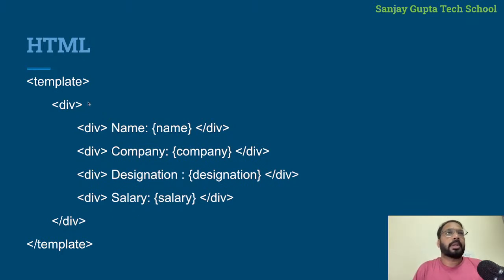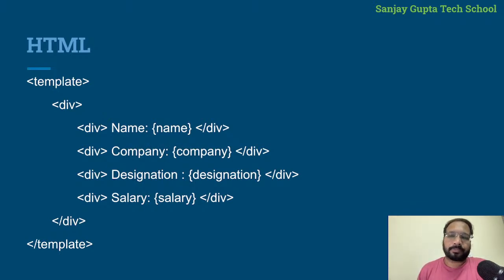Okay, this is the template for HTML, and here you can see lots of divs where name, company, designation and salary are written. As I told you, in Lightning Web Component, whenever you want to use a variable, we cannot create it in the HTML file.